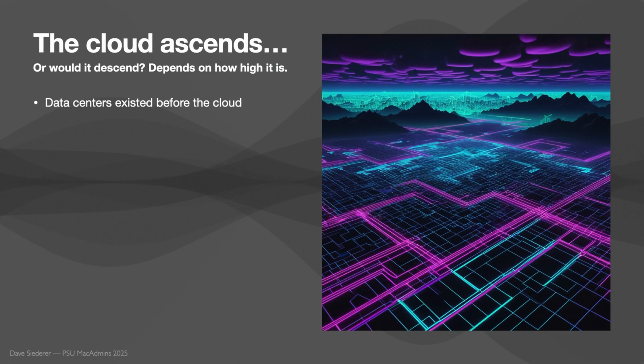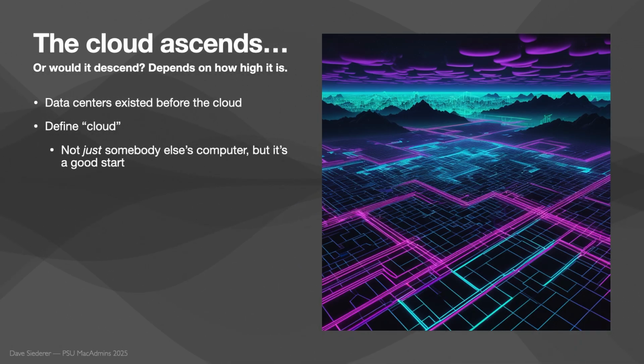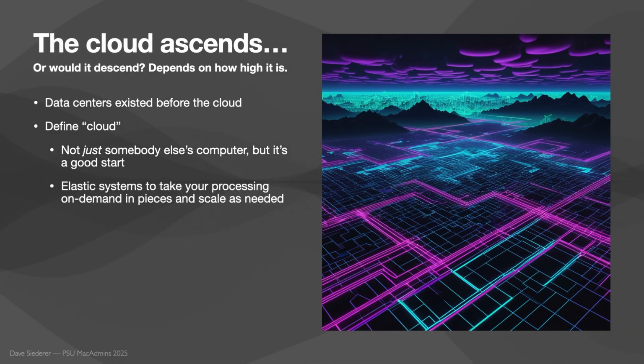So speaking a little bit on the cloud, of course, data centers did exist before the cloud. My question always was, define cloud, because it's a little word that has a whole lot of implications to it. It's not just somebody else's computer, but that's a good start. Elastic systems take your processing on demand in pieces and scale as needed.